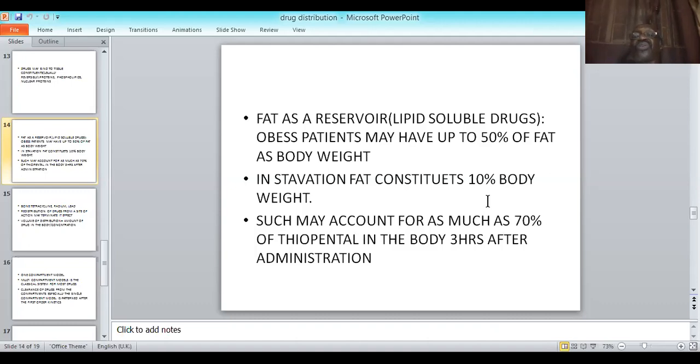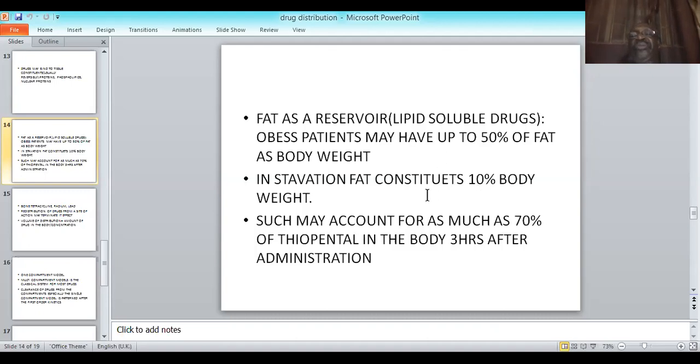So the difference between obesity and someone that is not obese and someone who has less fat may make a difference in the therapeutic outcome of drugs, because you have more drug in circulation, less partition into fat.